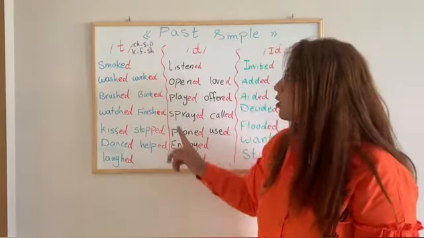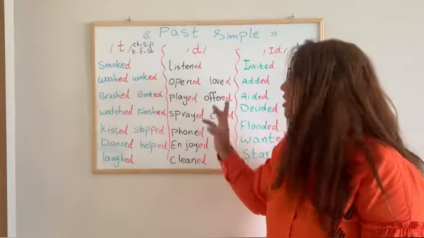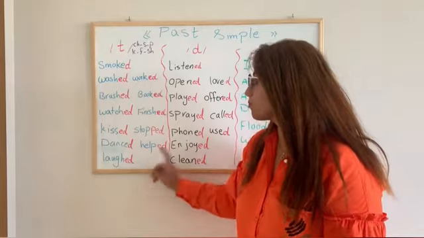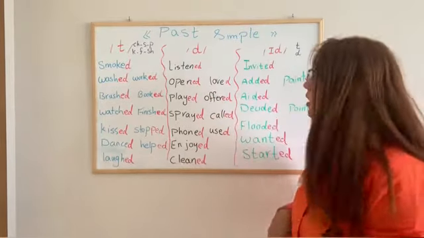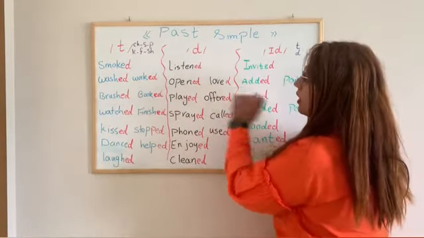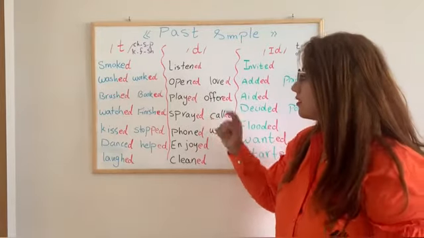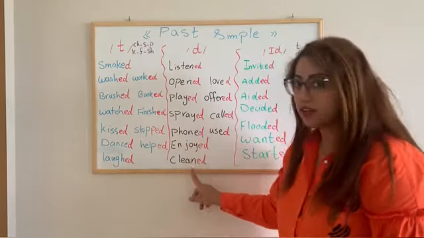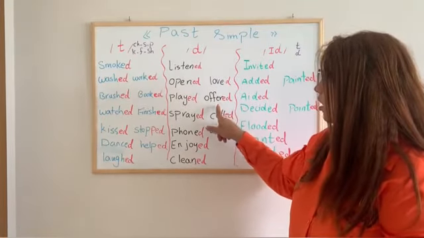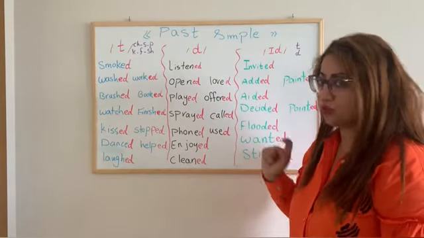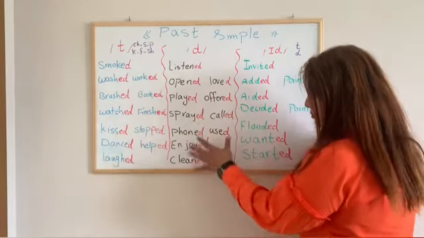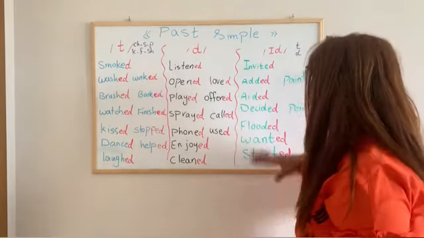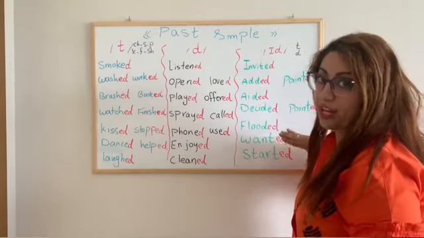Laughed, worked, booked. Finished, stopped, helped. D: listened, opened, played, sprayed, phoned, enjoyed, cleaned, loved, offered, called, and used. This group contains the rest of the verbs. We have another rule for ed.